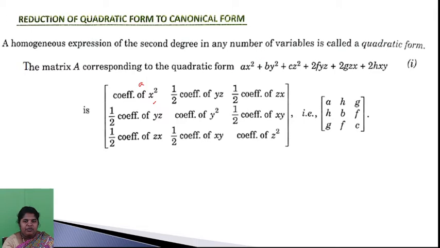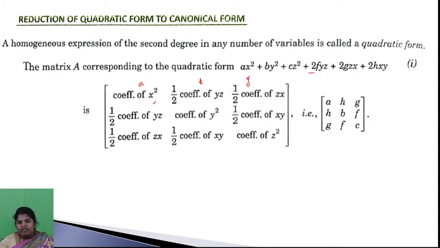So the coefficient of yz here is 2f, so half the value, divided by 2 we get f. Similarly, the coefficient of zx here is 2g, so half the value is g. Similarly, we have to write for all the terms. In the diagonal alone, we have the coefficient of the squares and the remaining terms as 1/2 coefficient of the remaining expressions.